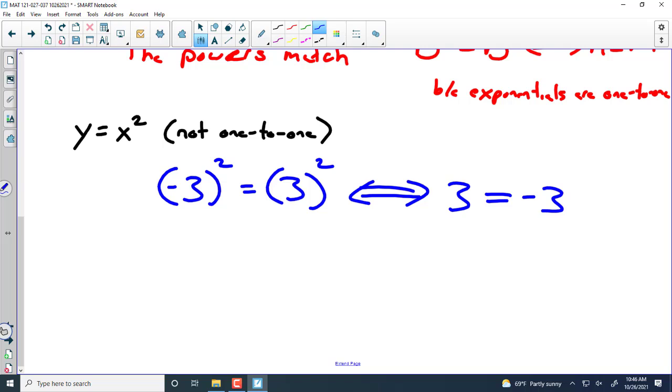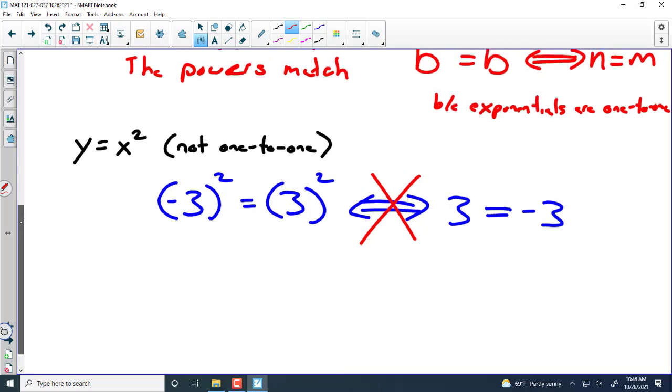Think about this, everyone. Just because you square them and get the same result doesn't mean that they're the same number. This is absolutely 100% not true. And the reason that's not true is because it's not 1 to 1. There's 2 different x values that give the same y value.